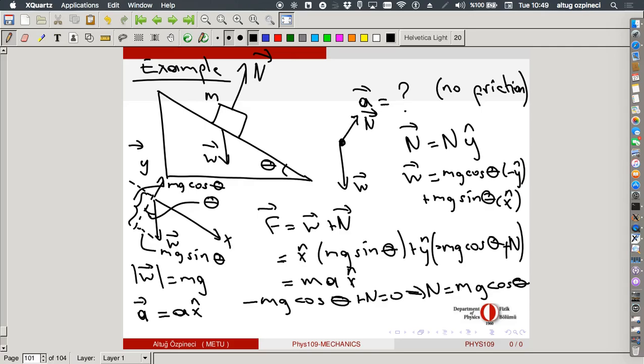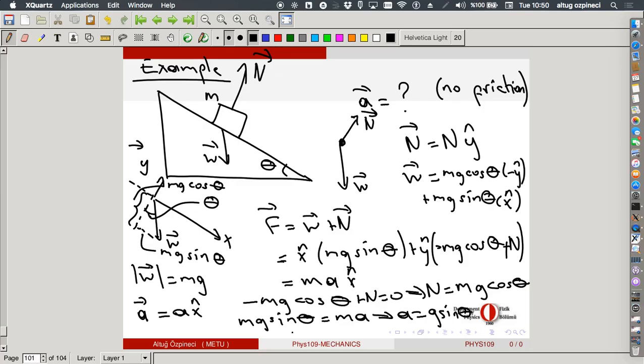So this is 0, and the x components should be equal. Here the x component is mg sine theta. And on this line, the x component is mass times a. So we know the magnitude of the acceleration: it is g sine theta. We still didn't write the acceleration vector.